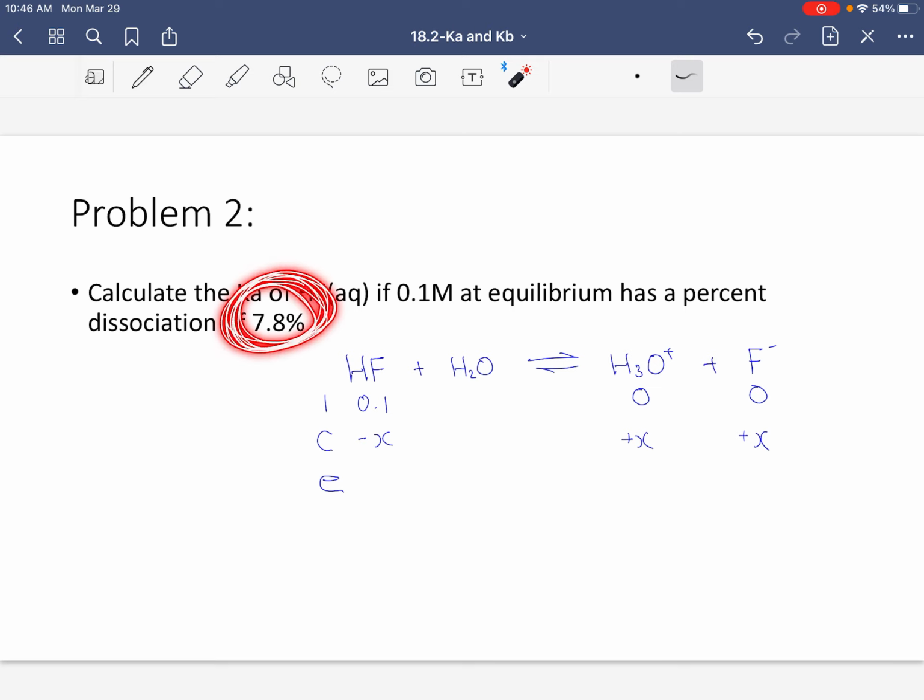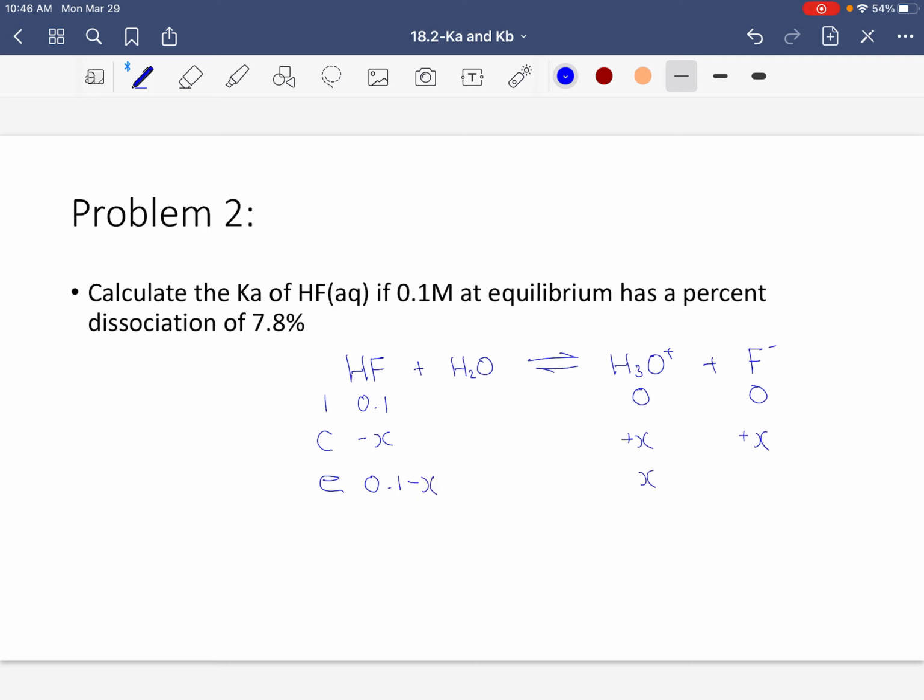It tells you how much. Meaning for every one of these, 7.8 of them will turn to this. You get it? So let's say there's 100 of these. You'll get 7.8 of these every time this dissociates. That's a big clue. 0.1 minus x.